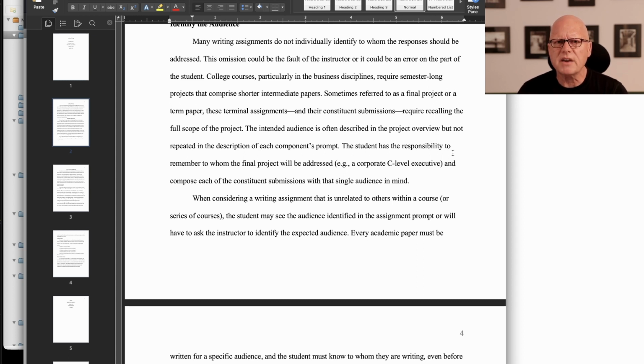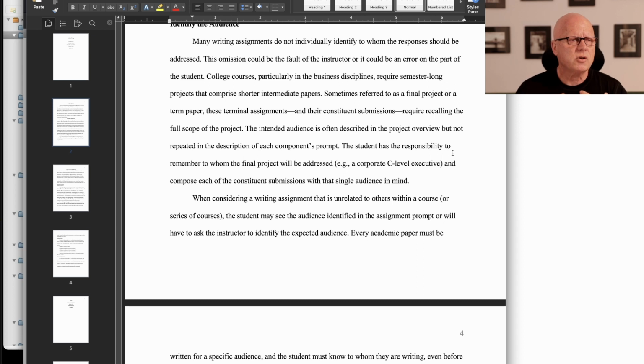The students might forget that the paper should be addressed to a particular audience because I identified the audience in the very first component assignment, but I didn't remind the students through the semester, hey, each of these component papers is going to be combined together and then addressed to this particular audience.